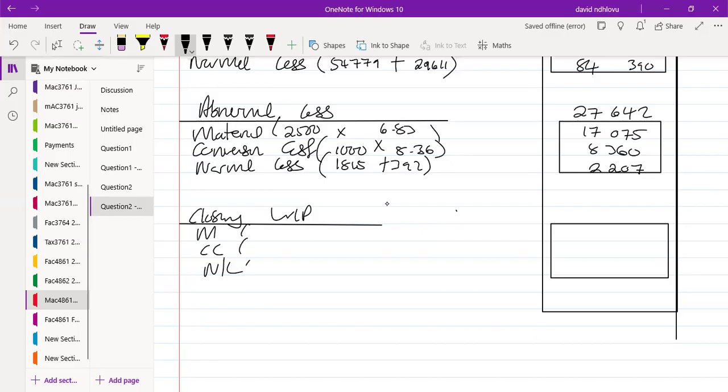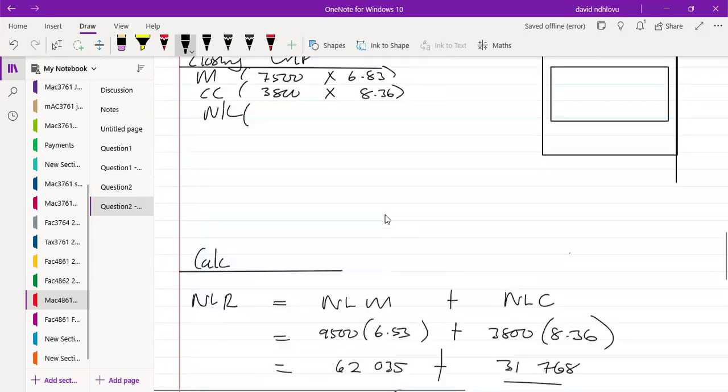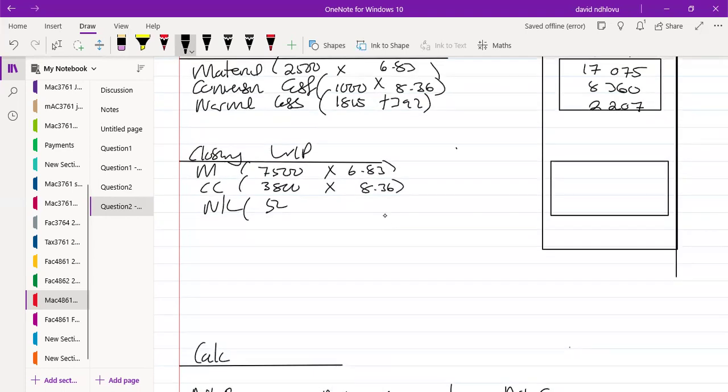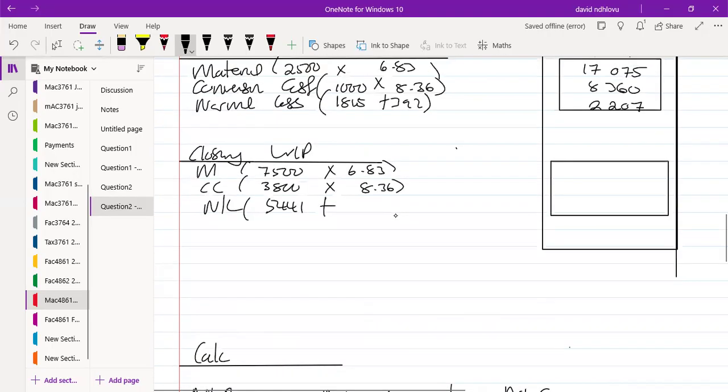Now here, we had material 7,500 by 6.83. Here we had 3,800, which we multiply by 8.36. And then we go to the conversion, 5,441, the normal loss conversion cost, plus the normal loss of 1,765 according to conversion cost.